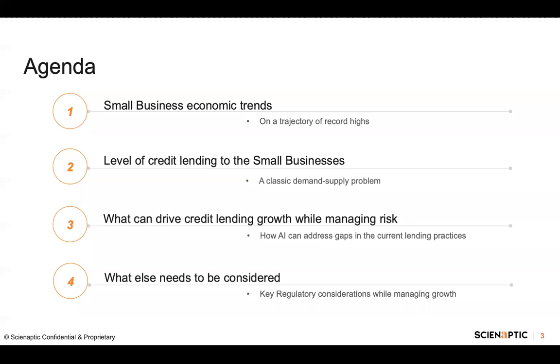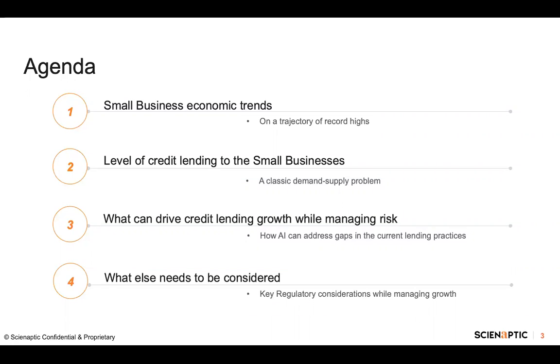And then the third section, which is of course the heart of this webinar, is what can drive this great lending growth while we manage the risk associated with that lending. With that, we will review the power of AI as well as machine learning and what are the best practices in the industry to drive growth.